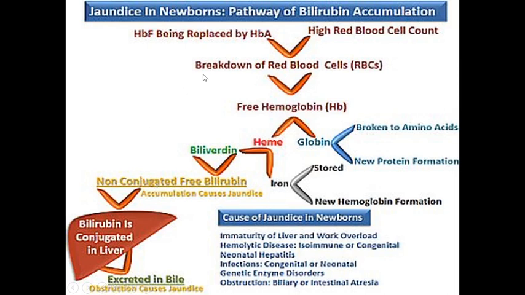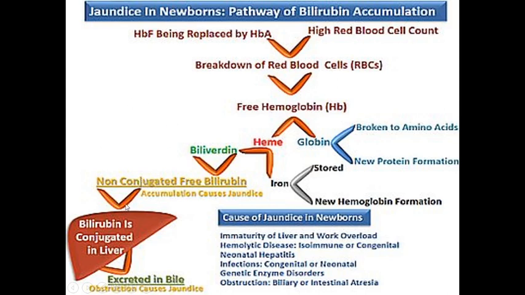But when the liver is immature in a newborn baby, this unconjugated bilirubin that is produced from biliverdin cannot be further conjugated in the liver, and therefore this unconjugated bilirubin, which is water insoluble, cannot be excreted in urine.